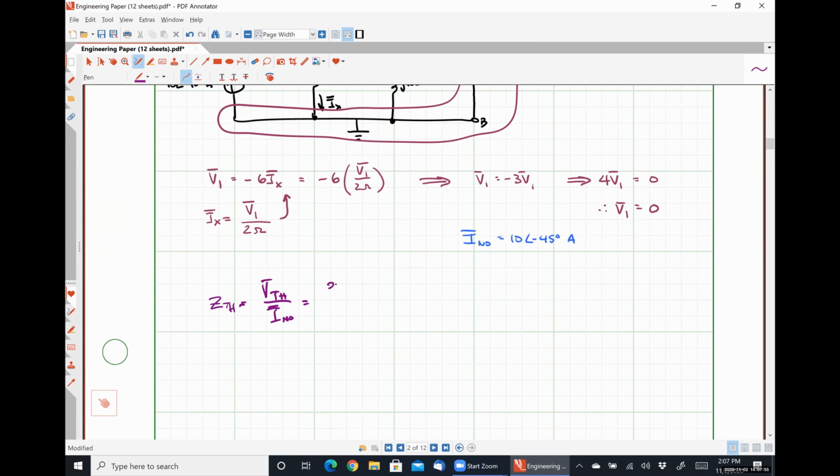So that is 35.777 angle 18.435 degrees divided by 10 angle minus 45 degrees, which is going to be 3.578 with an angle of 18.435 minus 45.